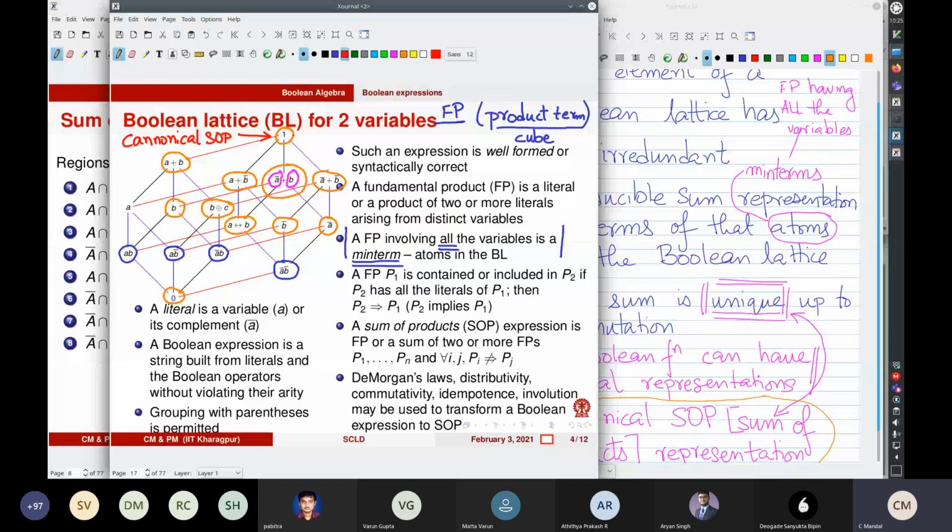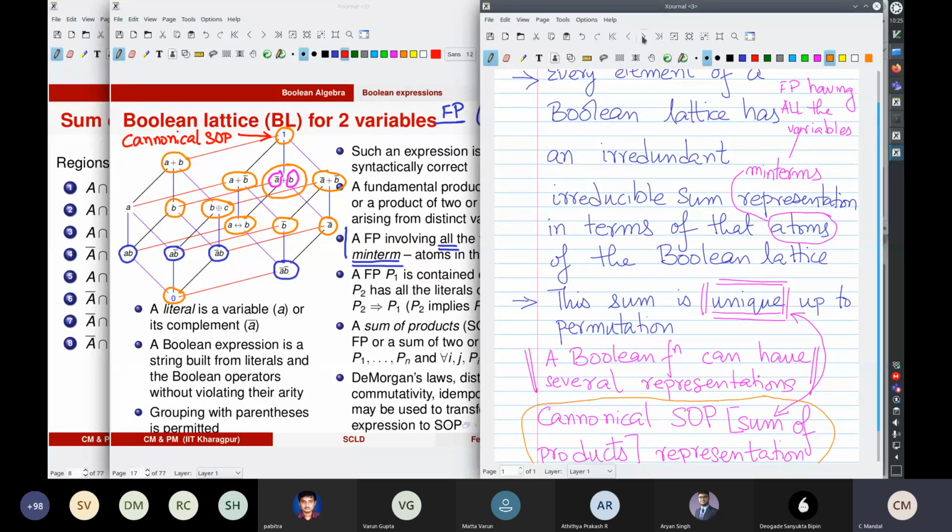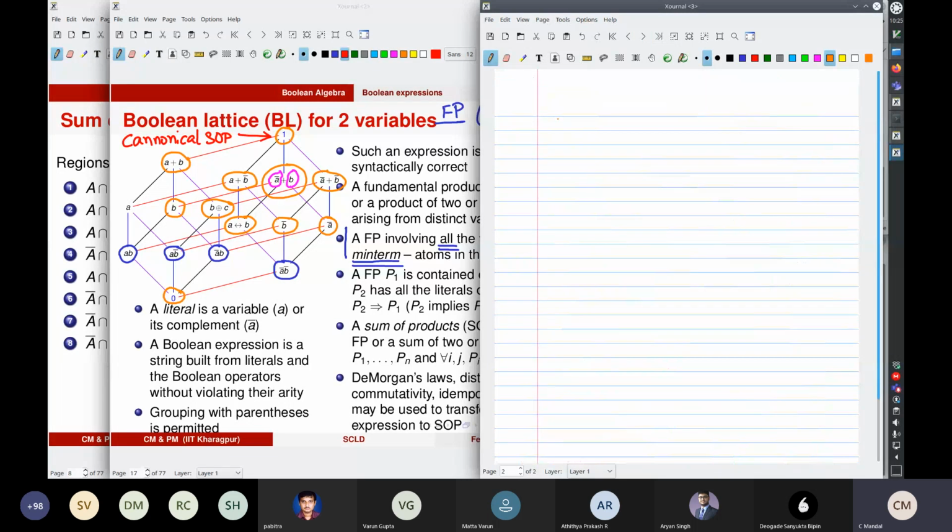So now it is simple. Your Boolean function is 1. Okay, and your SOP representation is, isn't it?